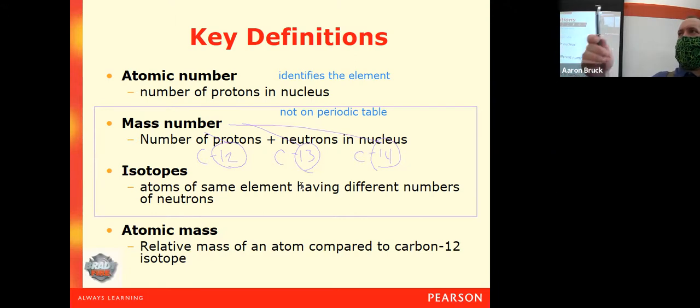And if I look at chlorine, chlorine has two common isotopes, chlorine-35 and chlorine-37. Based upon the atomic mass of chlorine, which one is the more common? 35. You can very quickly get that kind of information by looking at the periodic table.